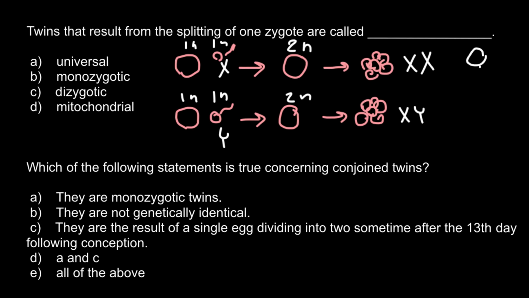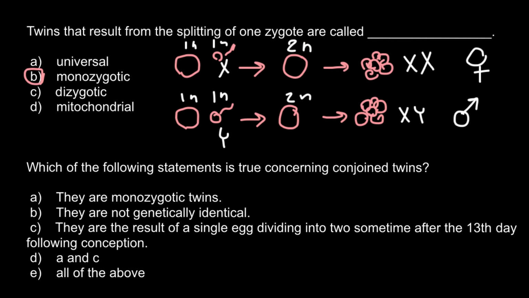But you have to understand that dizygotic twins also can be of the same sex, because it is just pure chance whether both sperms are of the same genotype or of different genotypes. So dizygotic twins are just like siblings, and they are genetically different, but monozygotic twins are genetically the same and look alike and are of the same sex. So twins that result from the splitting of one zygote are called monozygotic twins.